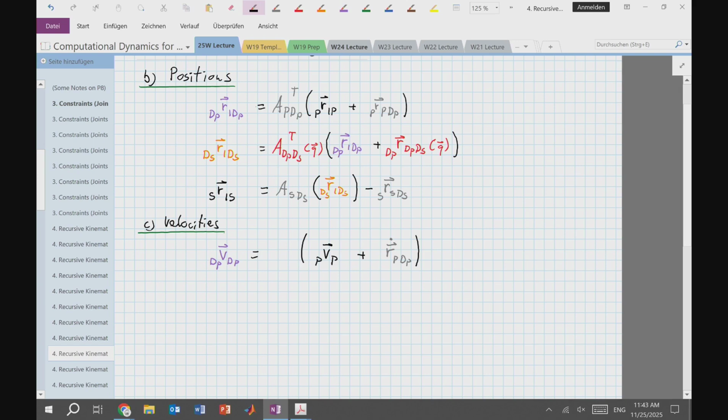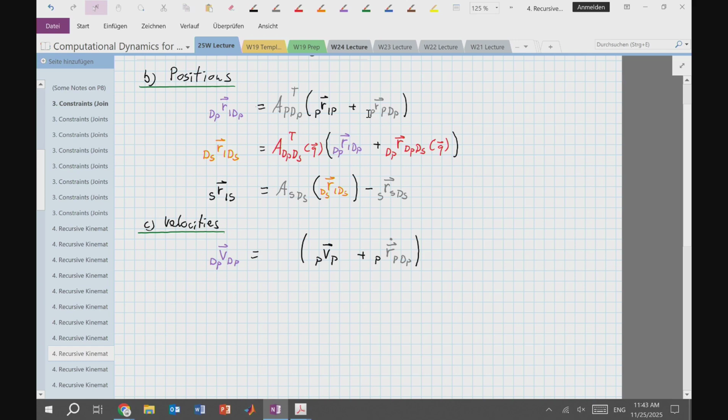That's something that we know recursively. We can always assume we know the velocity of the predecessor coordinate system. If not, back up through the tree until you hit root, where you're absolutely certain that the velocity is 0. And then rp dp, that velocity should also be expressed in p coordinates, the same way we express this relative position in p coordinates, right?